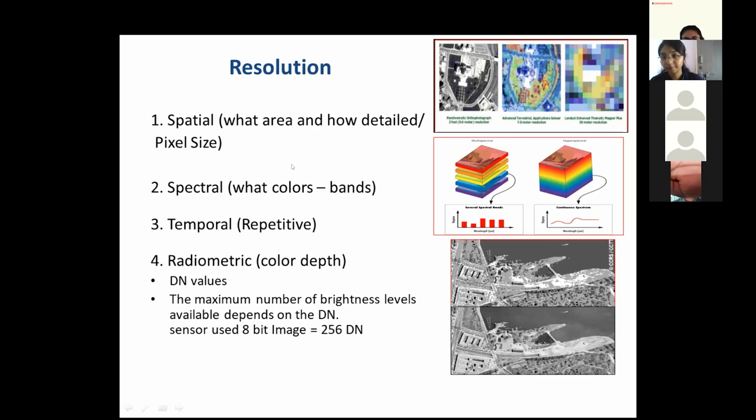Suppose in the infrared band there are three types: near infrared, mid infrared, and infrared. Say green grass is reflecting near infrared very well, and some other kind of feature is reflecting mid infrared very well.